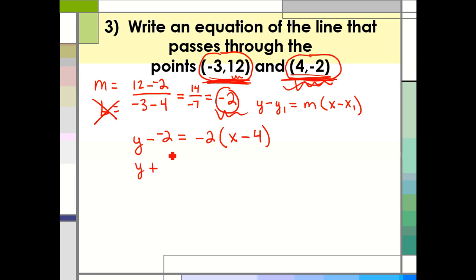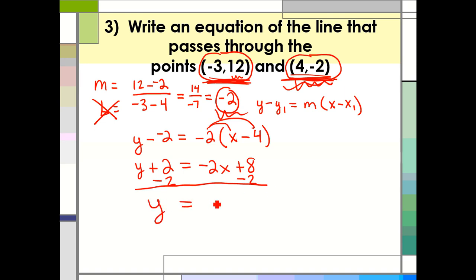A negative and a negative 2, y plus 2. Distribute the negative 2, and you get negative 2x plus 8. And now get the y by itself. So you end up with y equal to negative 2x plus 6. This is the equation of the line that goes through these two coordinates.